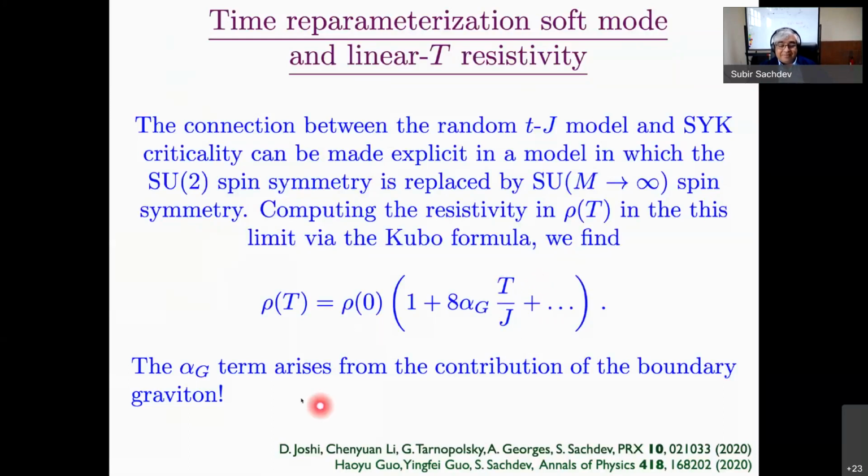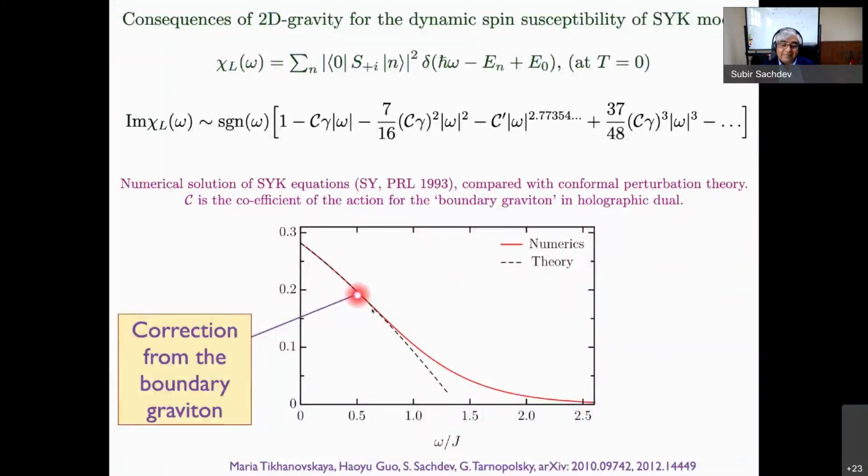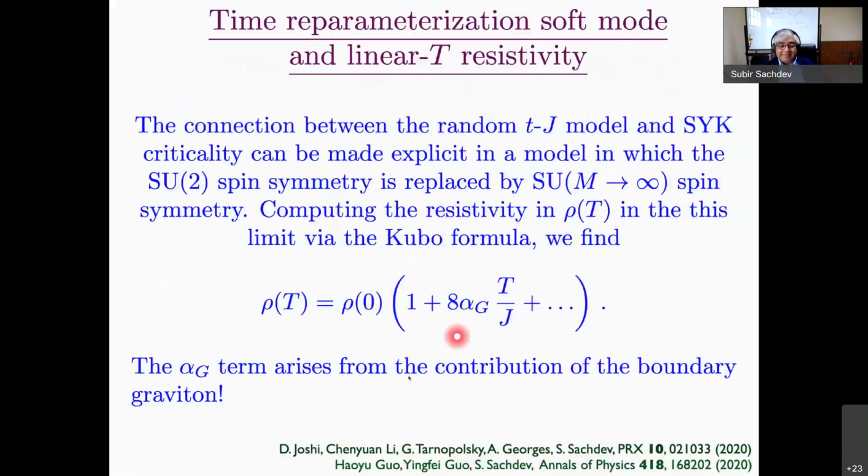And it turns out it's linear in T. And the thing that's giving you this linear in T behavior is the same thing that gave us this linear in omega behavior here in the spin susceptibility, and that's the boundary graviton. That's the reason why I spent some time talking about the boundary graviton, or the time reparameterization soft mode.